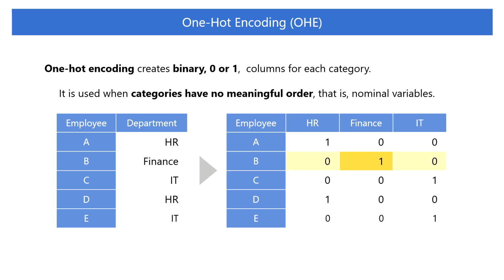If only the Finance column has a value of 1, it represents Finance. And if only the IT column has a value of 1, it represents IT. Each of these binary variables is referred to as a dummy variable.